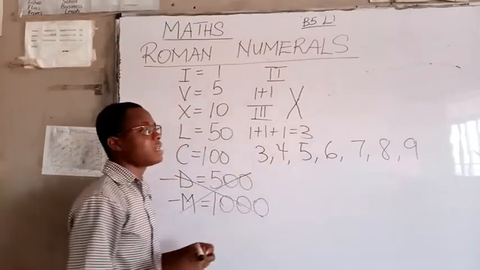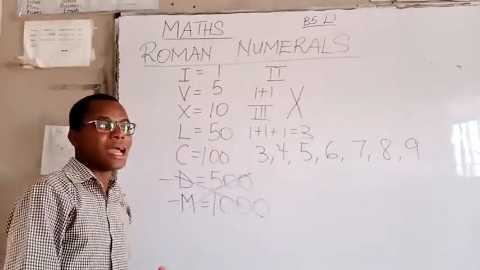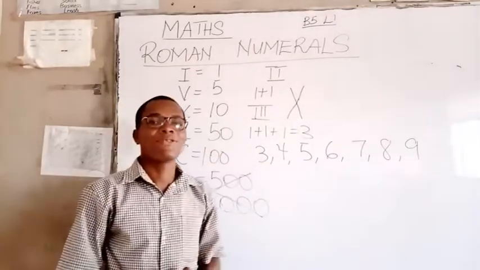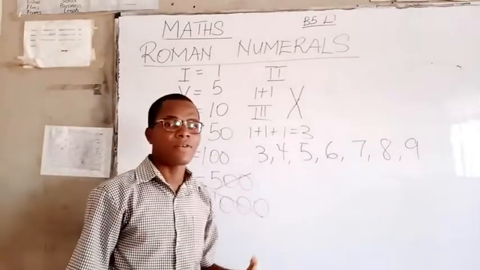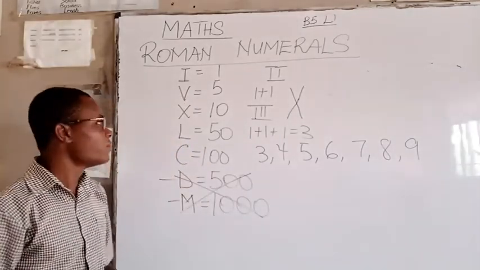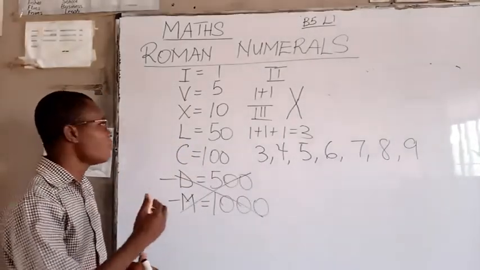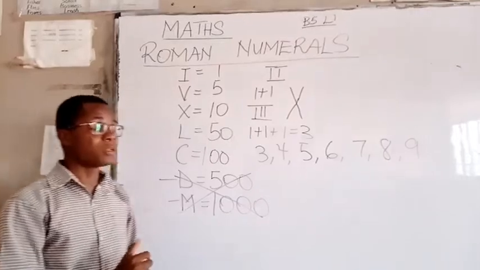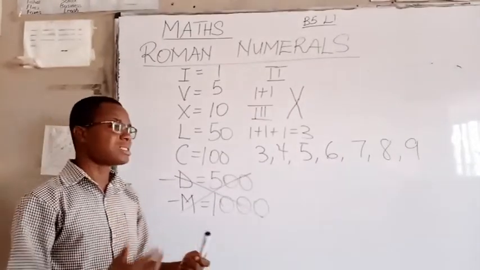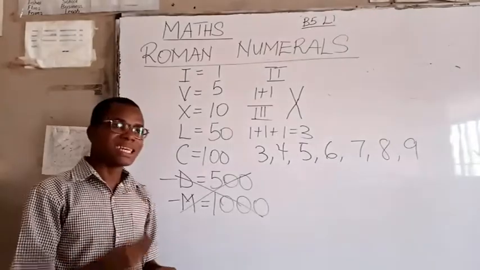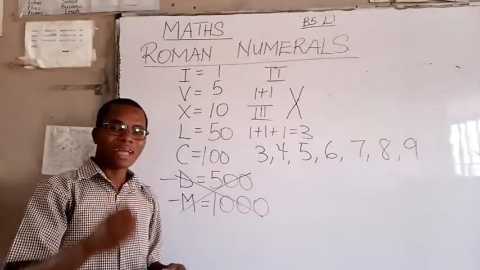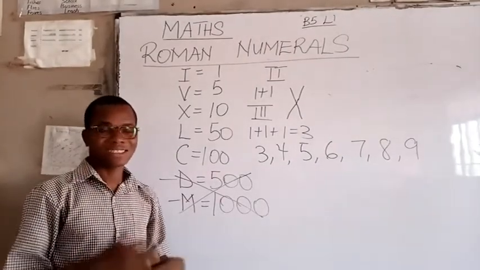So the children have the right to say, I stand for 1, II stands for 2, III stands for 3, so IIII stands for 4? Yes, there is something with the Roman numerals that forbids certain things. You cannot repeat a symbol more than 3 times at a time.